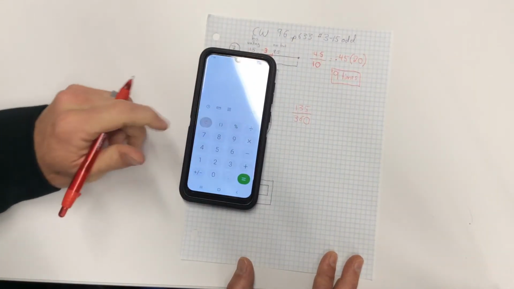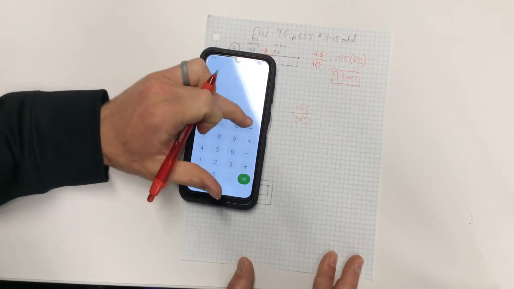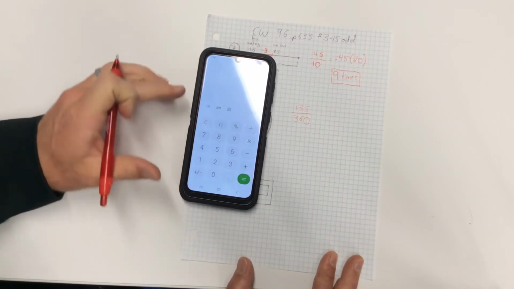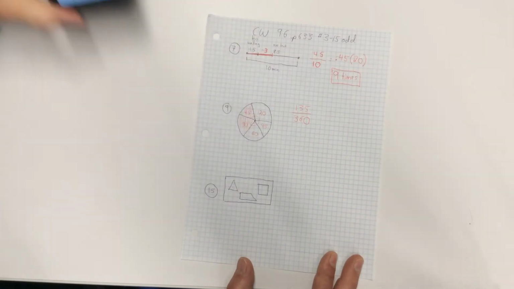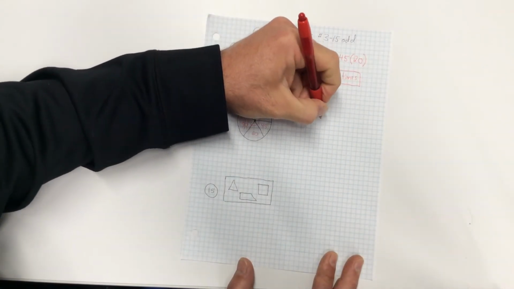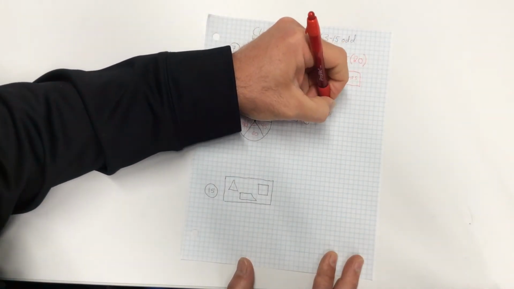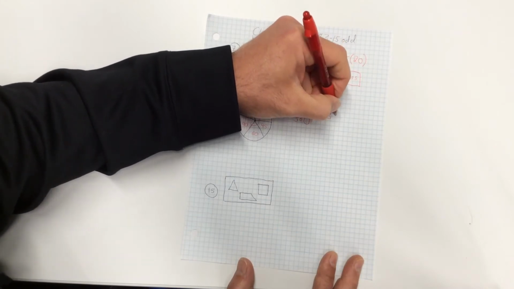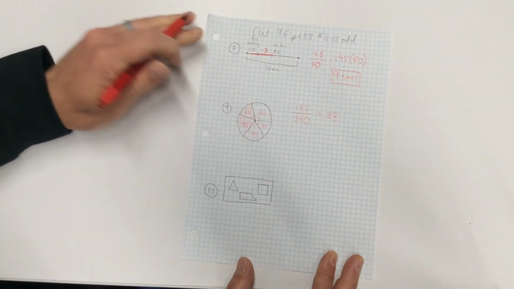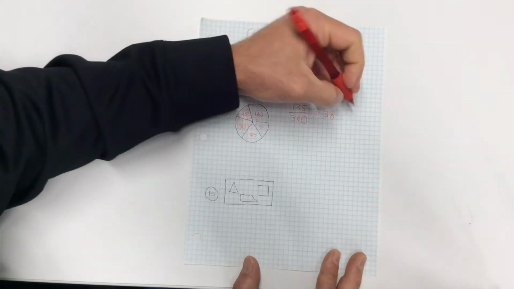Okay, and so this one's going to take us just a few seconds. 135 divided by 360, 0.38. So approximately 0.38. Okay, or 38%.